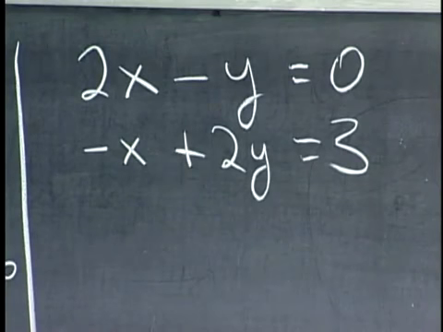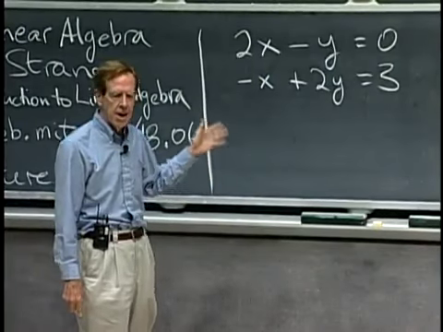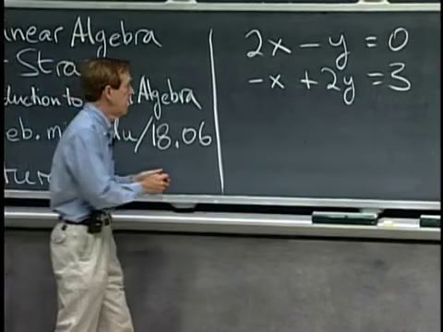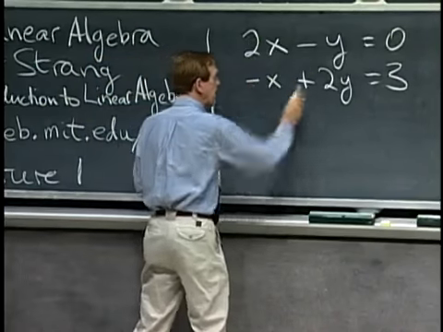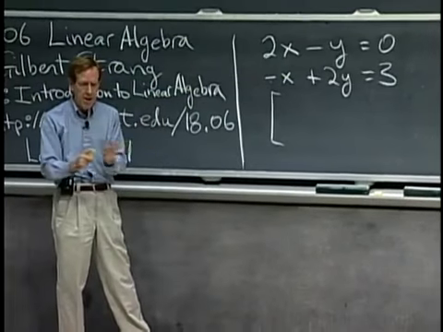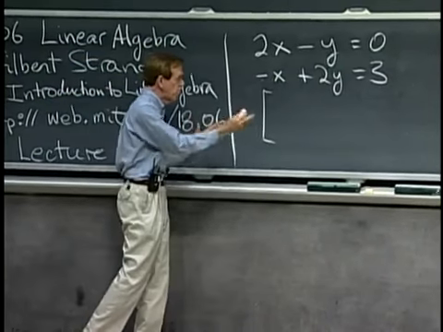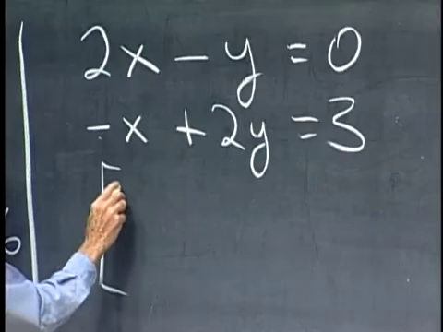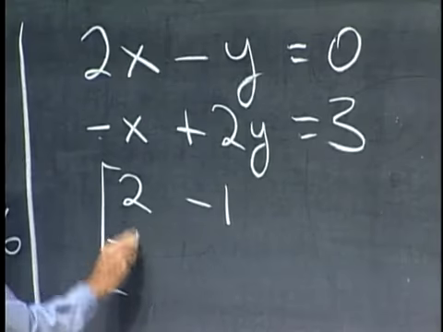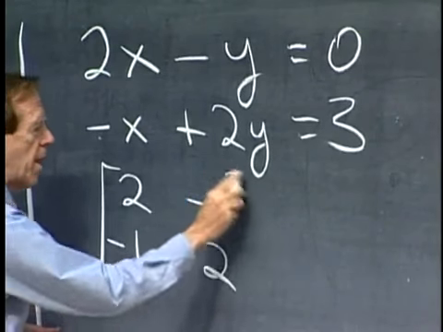I can even say right away what's the coefficient matrix, the matrix that involves these numbers. A matrix is just a rectangular array of numbers. Here it's 2 rows and 2 columns. So 2 and minus 1 in the first row, minus 1 and 2 in the second row. That's the matrix.